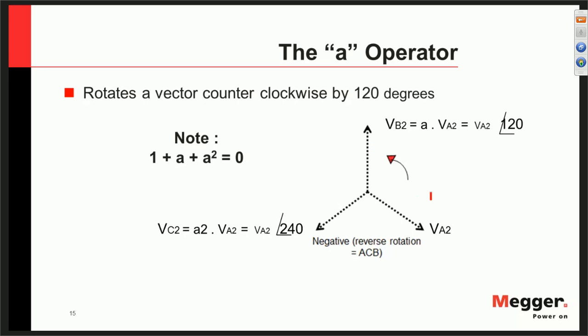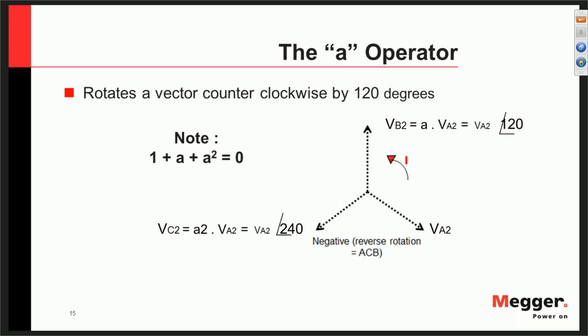It's clearly visible here that if I have a VA2 and I rotate it in the counterclockwise direction, I will get my VB2, my B phase vector, and it will be A times VA2, as I said, it's called the A operator. So VB2 is nothing but VA2 angle 120 degrees.